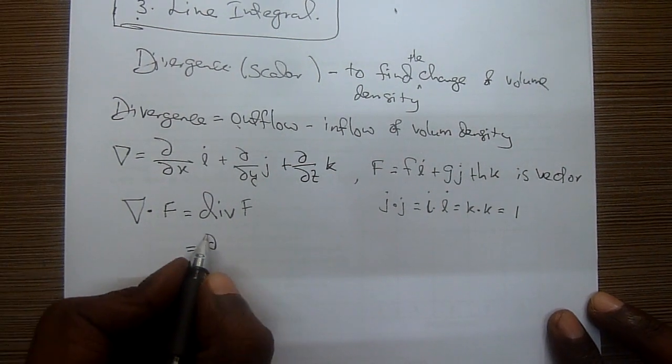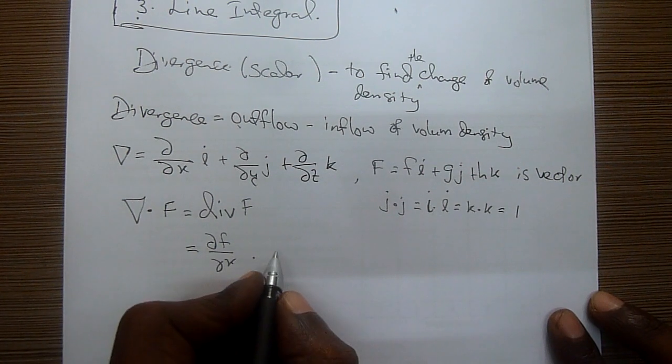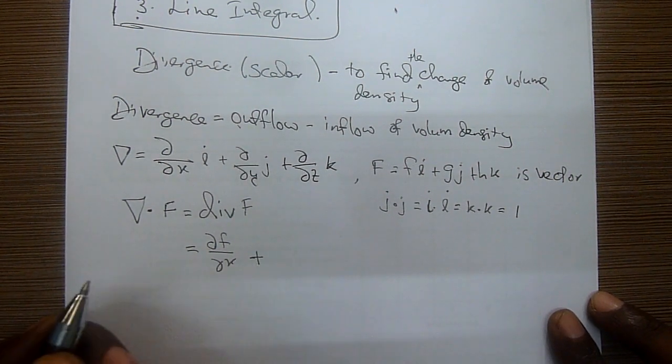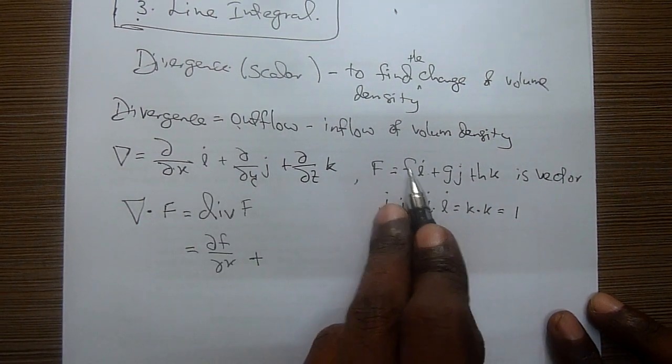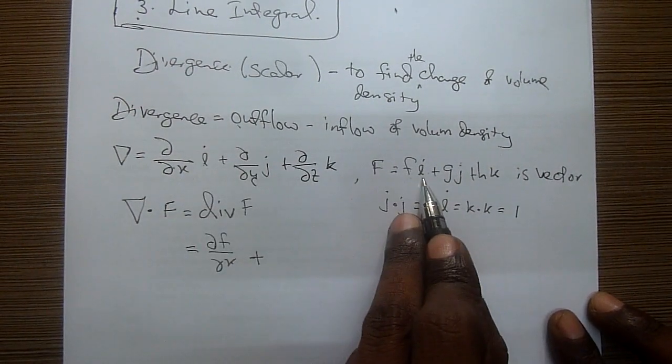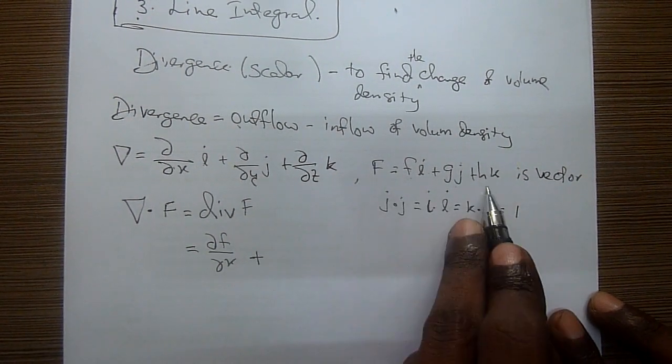You will get del f/del x, plus, what happened to the i becomes a 1, you times with this, f goes inside, i, j, k, it will produce 1.